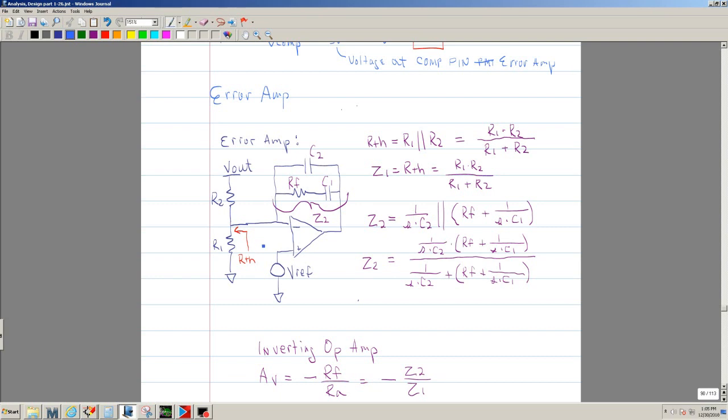Okay, so if you follow this, the signal is coming in through here and the signal comes out through here.